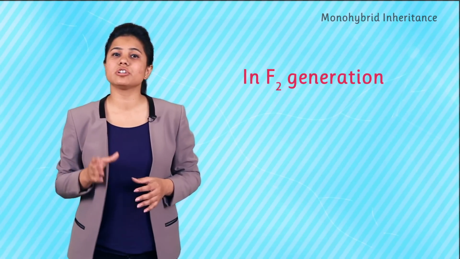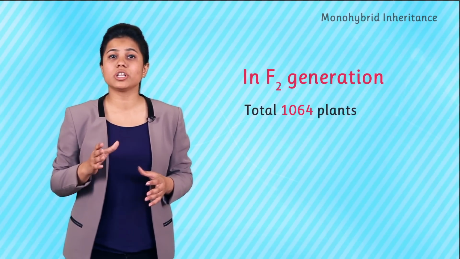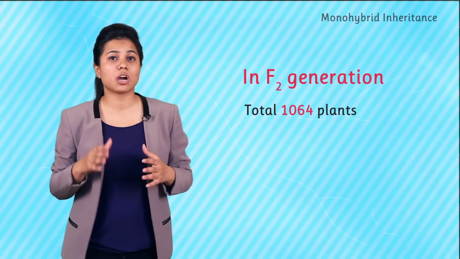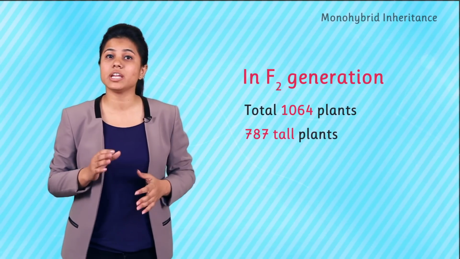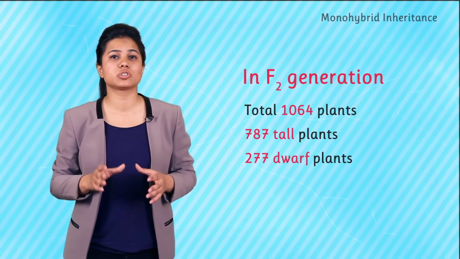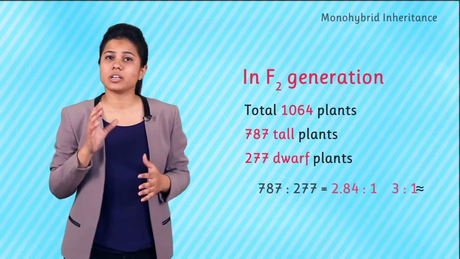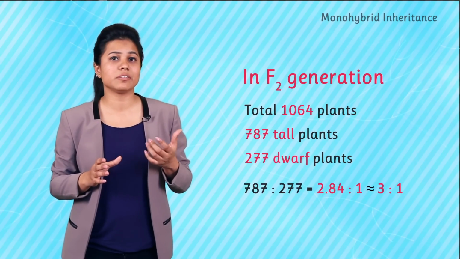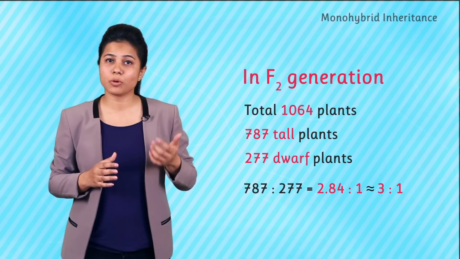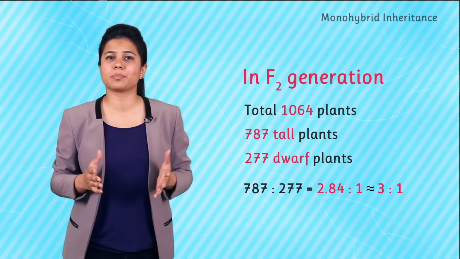In the observation of Mendel, there was a total of 1064 plants, and he found that out of these plants, 787 plants were tall and 277 plants were short. If we find the ratio of 787 to 277, it comes out to be 2.84:1, which is approximately 3:1.